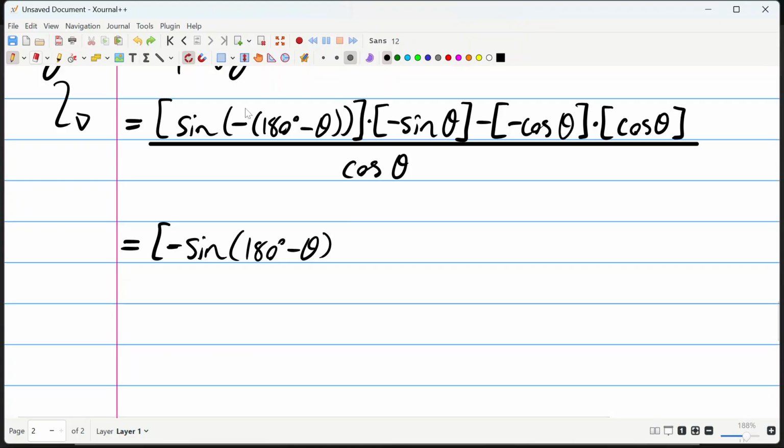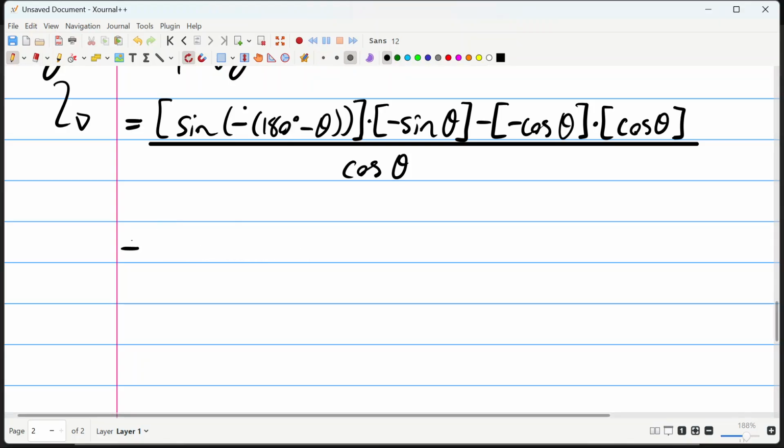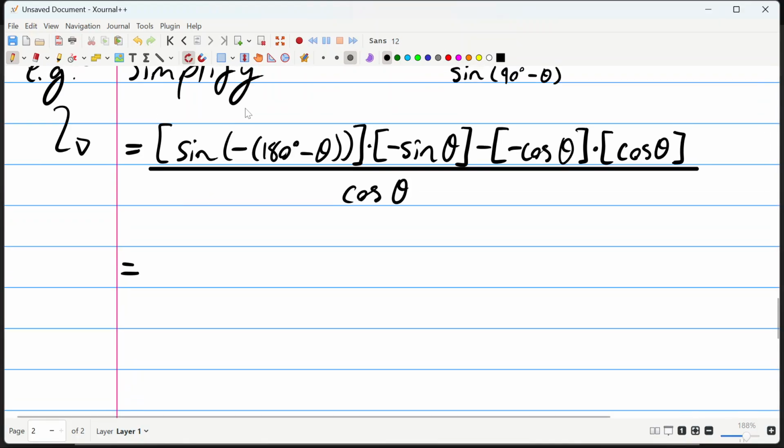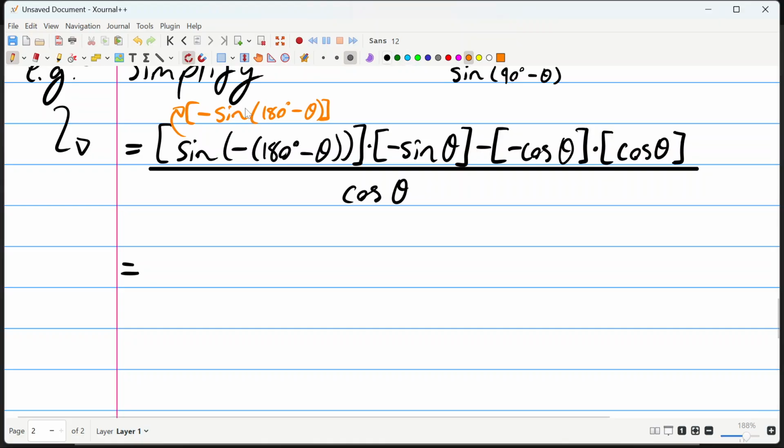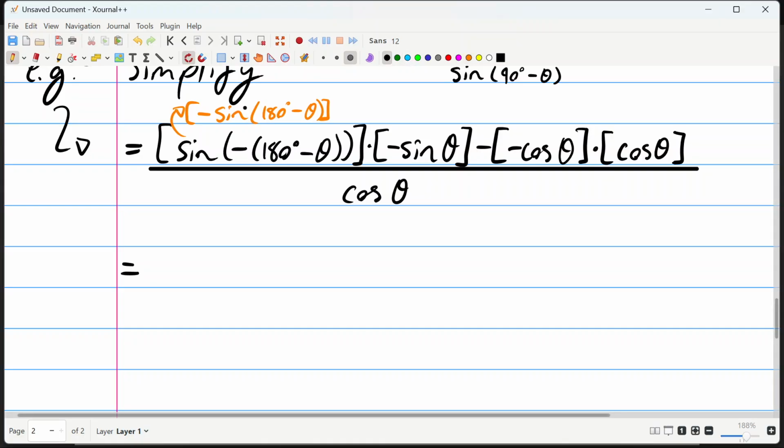But just because we're going to be wasting space over here, let's write that down in another color on top, okay? So this one will be written as negative sine of 180 degrees minus theta, okay? And we know that 180 degrees minus theta is in quadrant 2, right?